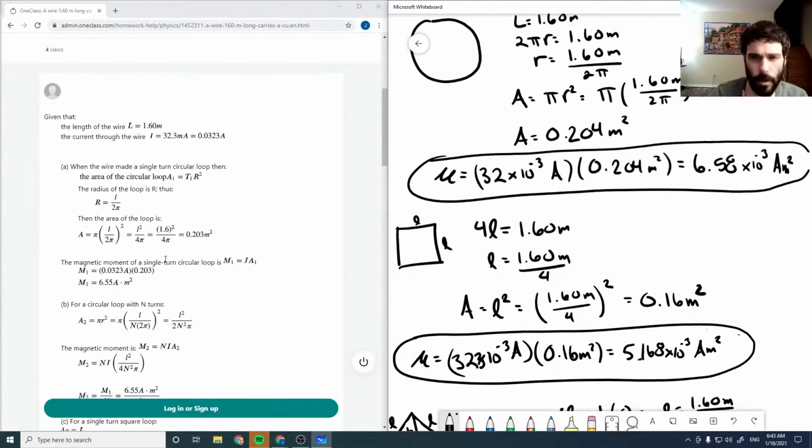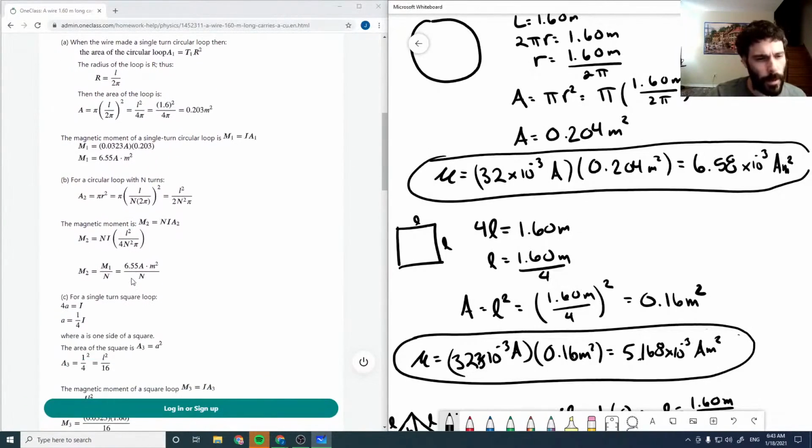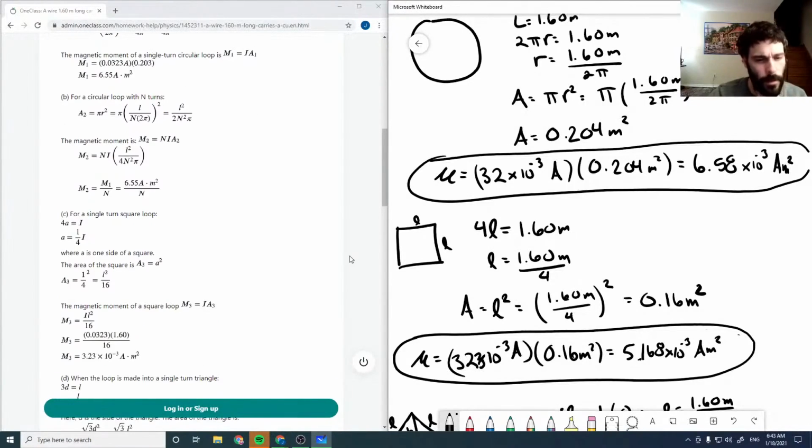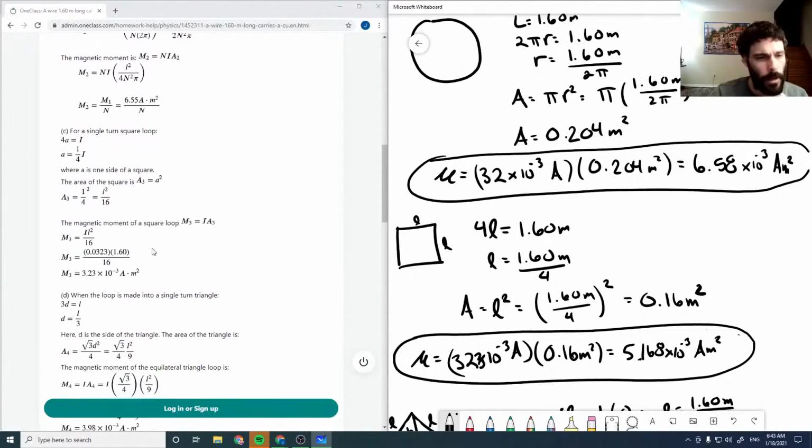Our magnetic moment looks to me like they're missing a 10 to the minus 3, but that's okay. That's for n turns, so they just skipped ahead. They're also missing the n squared.